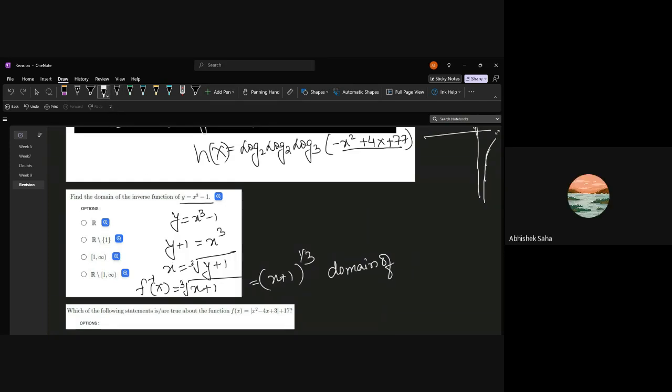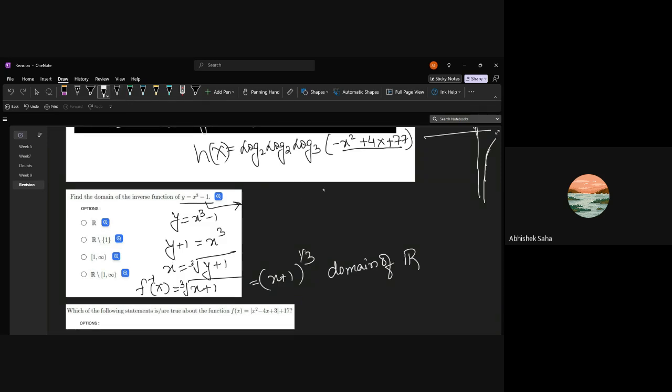Why have I written x? Because in the place of x I have used y, I have written f inverse of x. Now I can write like this. So this is the inverse function. So the domain of the inverse function will be what? All the real numbers. And in the question also, I have told you the domain of this function. So the range of this function will be the domain of this function. Let's find the domain of this function.